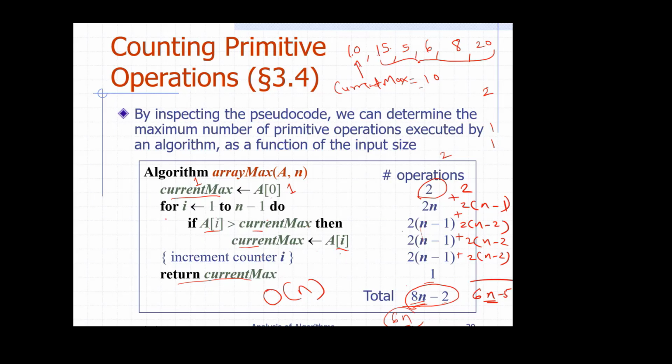So a very basic rule: if we have one for loop which goes from 1 up to n or 1 up to n minus 1, then the time complexity is proportional to n. Whatever is inside, we are going to execute it n times, no matter what.